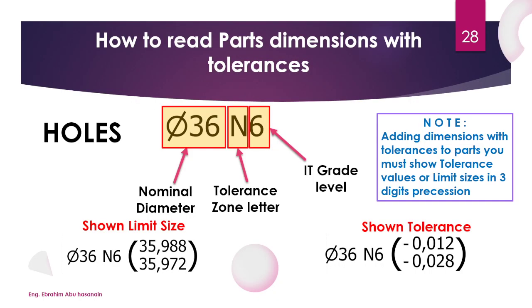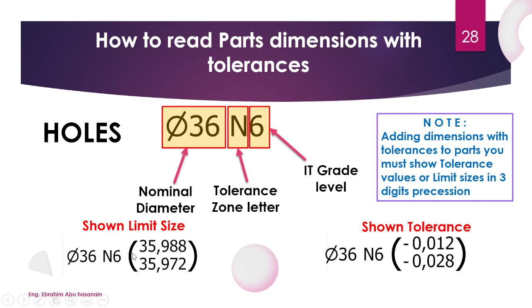Next, how to read part dimensions with tolerance. In the case of a hole, we have here Ø36 M6, for example. 36 is the nominal diameter, M is the tolerance zone, and we have letters from A to G, and 6 is the IT grade level. We read it as 36 M6.